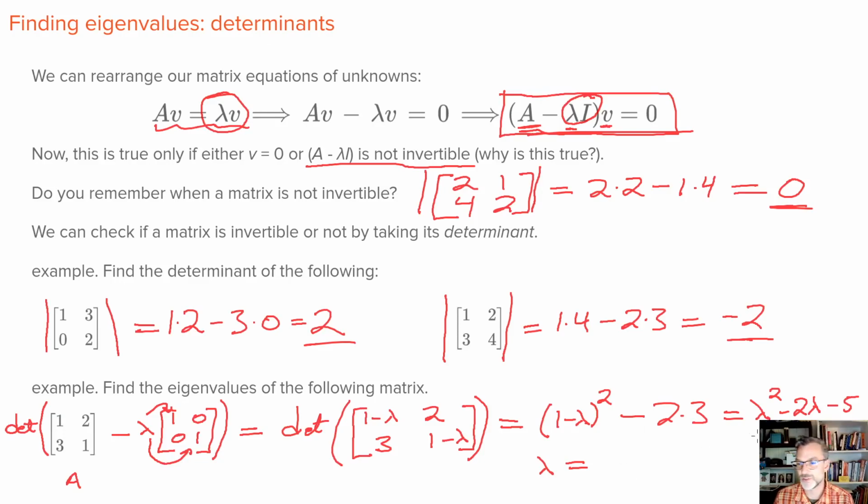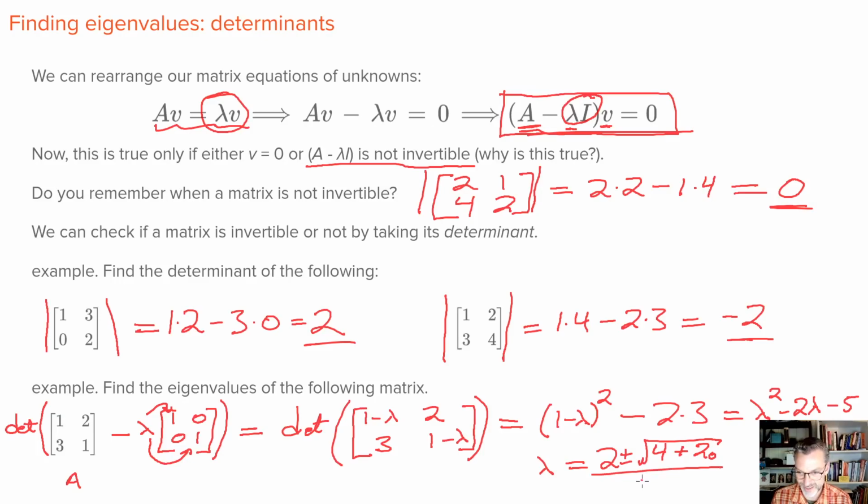Okay, so we could use the quadratic formula here if we so choose. I'm trying to do it in my mind. I don't think I'm quick enough. So let's go negative b plus or minus the square root of b squared, so 4 minus 4 times a times c. So minus, minus 4 times a times c is plus 20. This is why I couldn't do it in my mind.